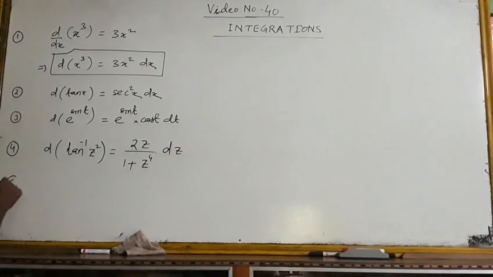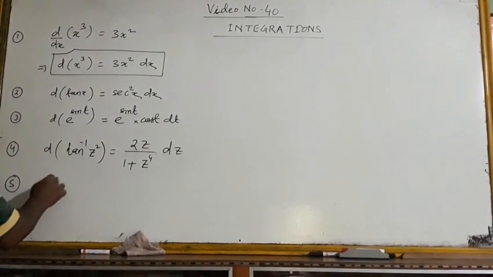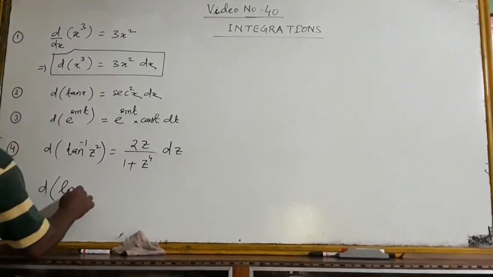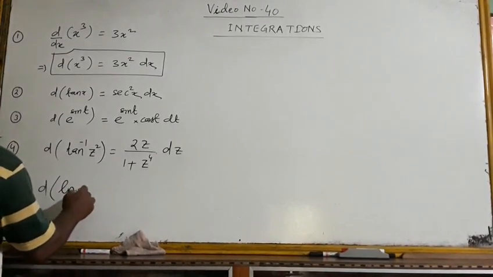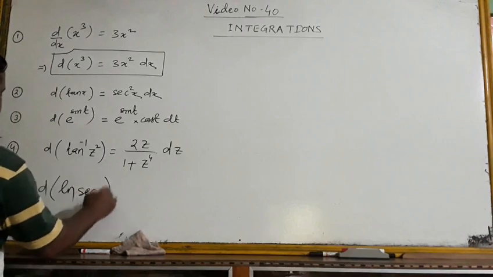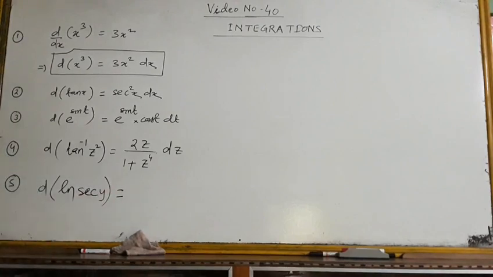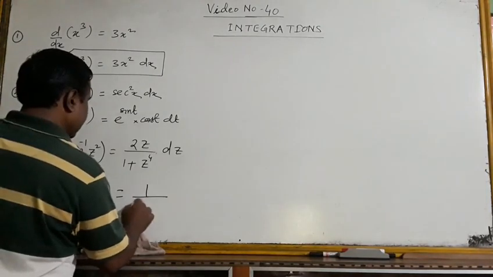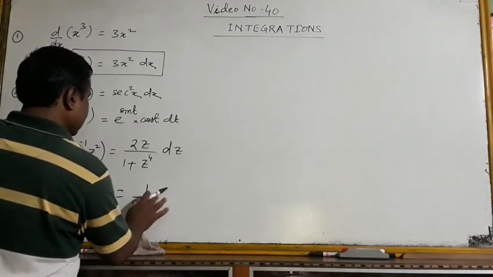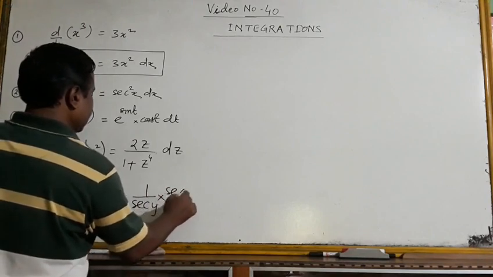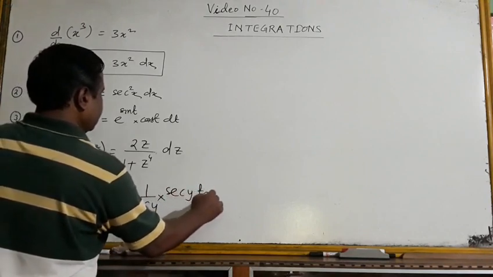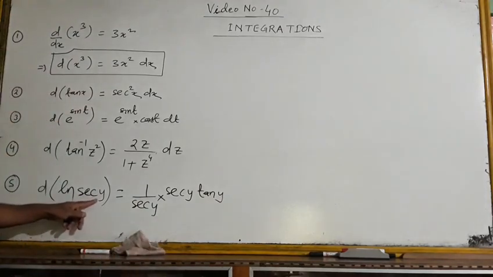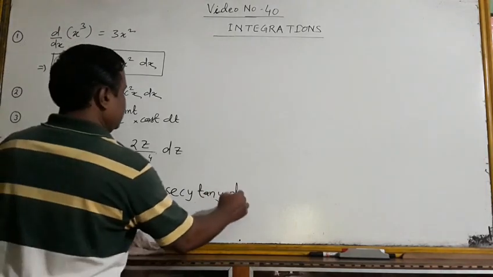Now lastly I am writing another. What is d of ln sec y? First you have to differentiate ln sec y. It is 1 by sec y into the derivative of sec y, that is sec y tan y, into the derivative of y with respect to y, that is dy.